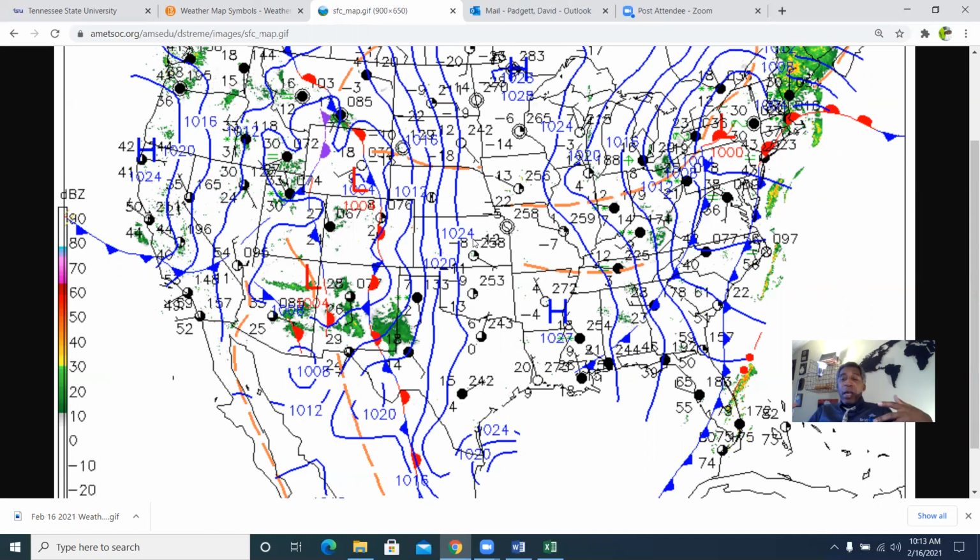That high pressure is indicative of a place where air is sinking, which makes sense because this very cold air mass is affecting us right now. Cold air is very dense, so it sinks, resulting in high pressure across this region. Secondly, it isn't going anywhere, so you notice we have a stationary front.